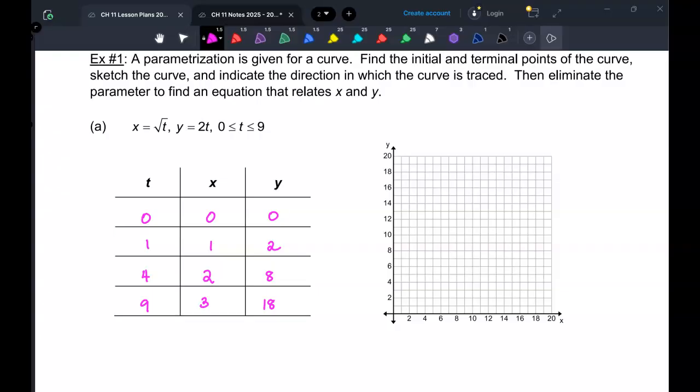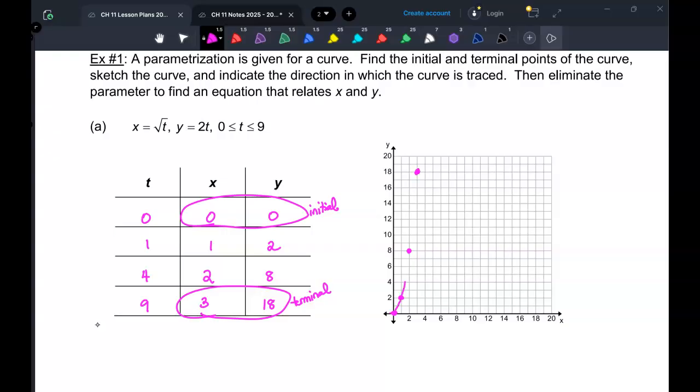Okay. So 0, 0, that is our initial. And 3, 18, that is our terminal point. And I purposely gave you a nice little graph that starts from 0, 0, then 1, 2, then 2, 8, then 3, 18.